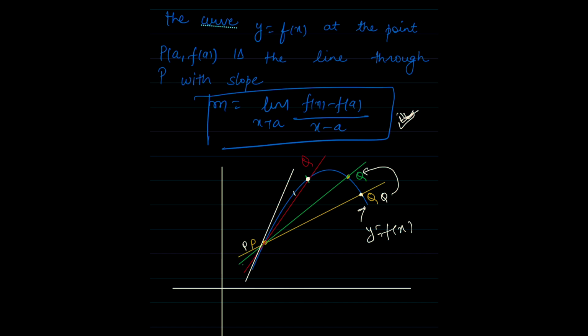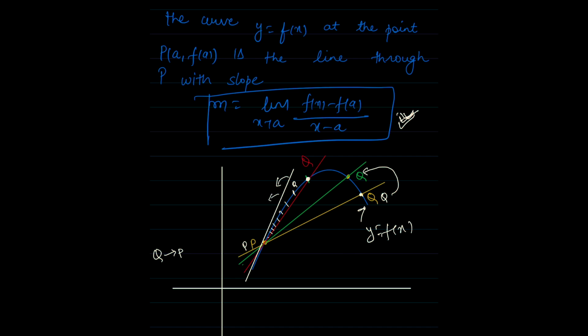Now we see that Q is moving towards the point P. If the point Q tends to P, then this white straight line will pass through the point P and will touch the curve.